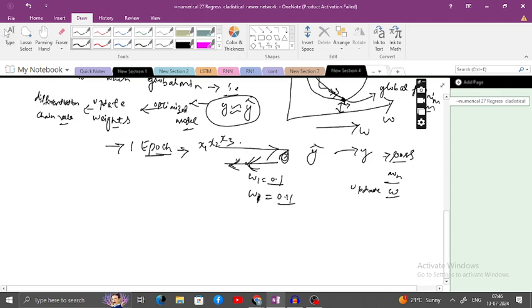So what are these optimizers? Optimizers are used for updating the weights, or for modifying the neural network.